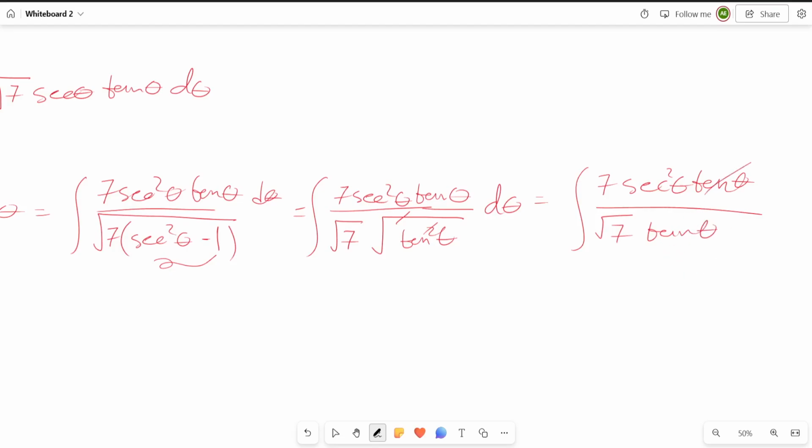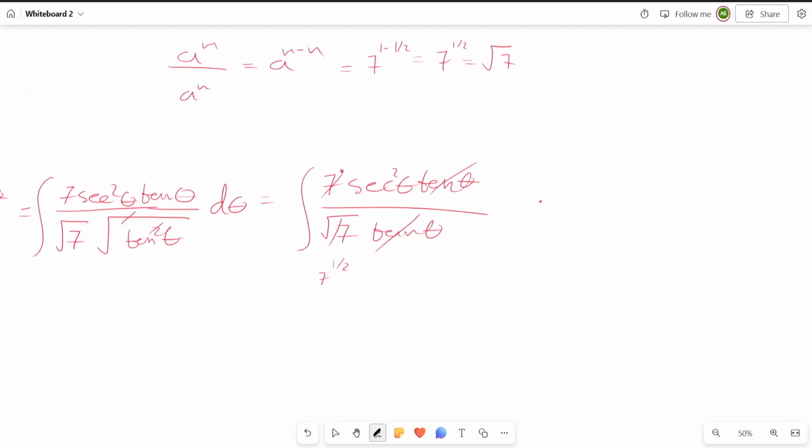So over here, tan theta and tan theta cancel. 7 over root 7: we know that a power m over a power n is equal to a power m minus n. So this is 7 power 1 over 7 power half, which equals 7 power 1 minus half. So it's equal to 7 power half, which is root 7. So it's integration of root 7 secant squared theta d theta.